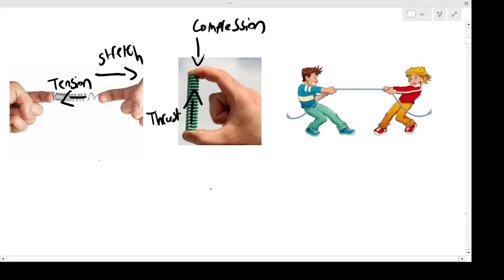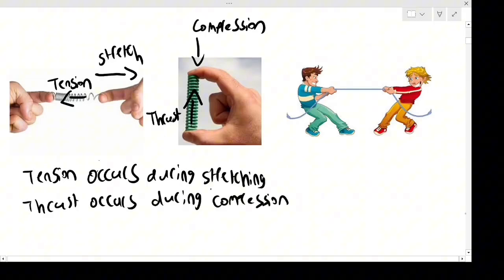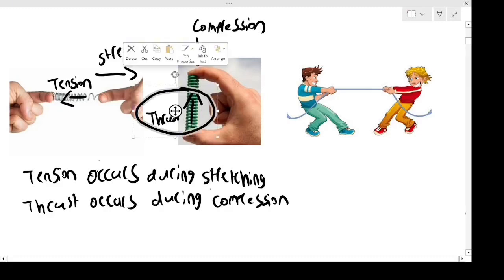Very simply, tension is the technical name for the force during stretching, and thrust occurs during compression. You might be very familiar with tension in a piece of string. Tension is specifically when something's being stretched. The thrust force is when it's being compressed.